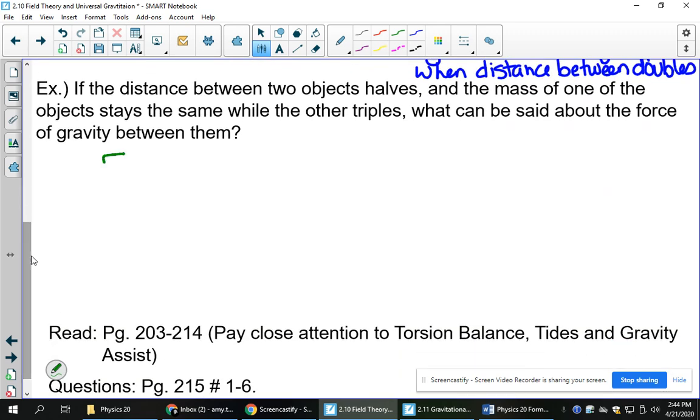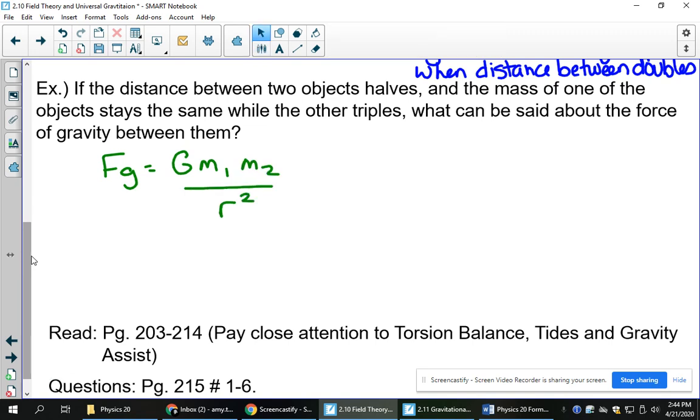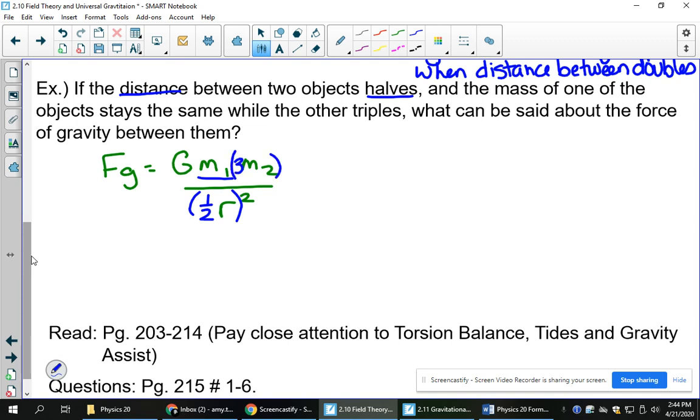Here's the solution. Force of gravity is G m1 m2 over r squared. I'm going to do the distance between the objects cut in half. I'm going to leave m1 the same, and I'm going to triple m2.